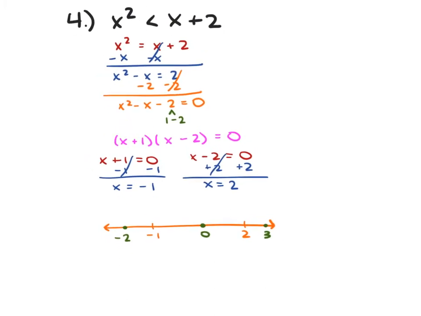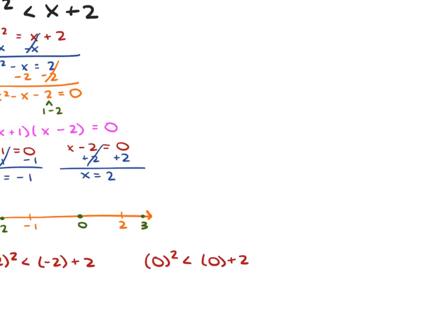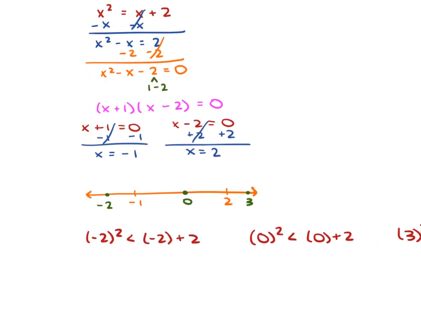So we have x squared, so that's going to be negative 2 squared is less than x plus 2. So negative 2 plus 2. Then we have 0. 0 squared is less than 0 plus 2. And then we have 3, so 3 squared is less than 3 plus 2.